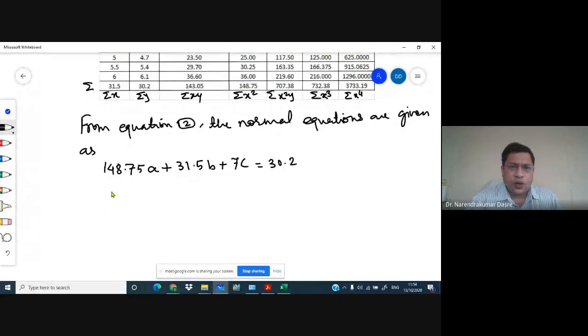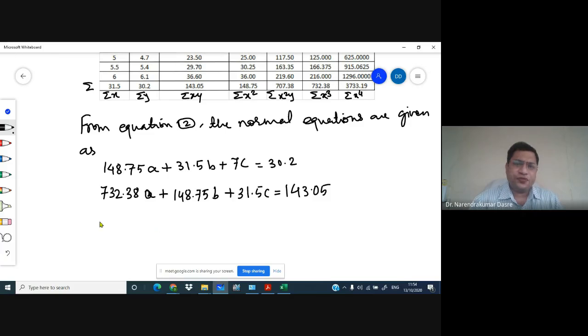Now we have summation x cube times a. So we have 732.38 times a plus 148.75 times b plus 31.5 times c, and this is equal to summation x into y, which is 143.05.